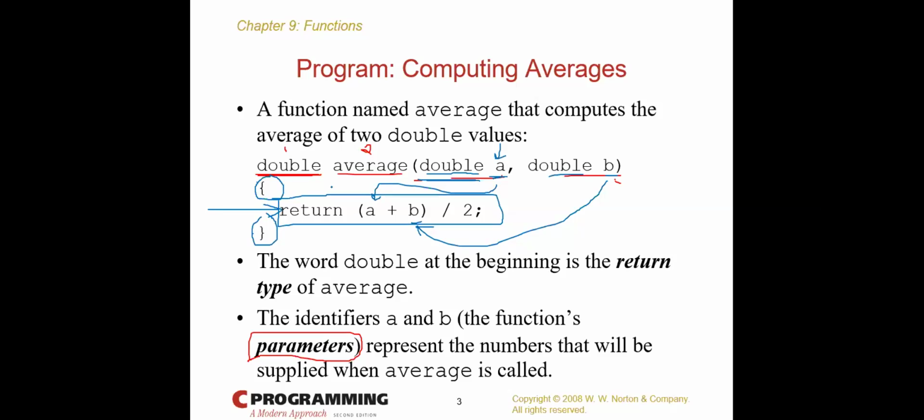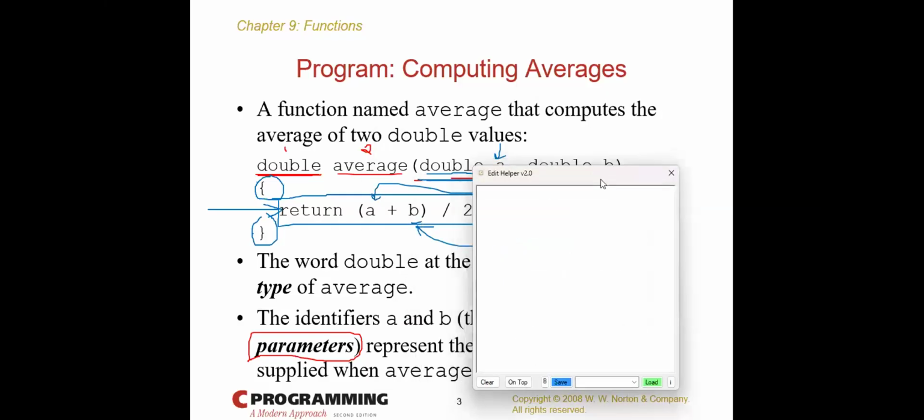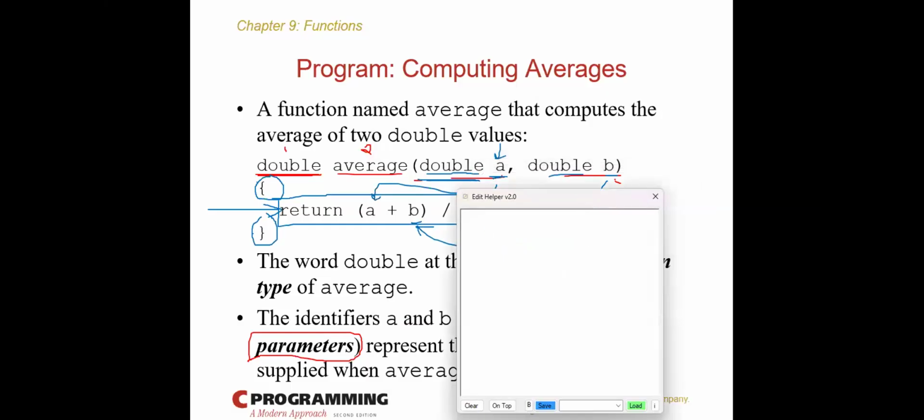On the other hand, we can expand this code to be longer than this, to be more than one line. So I can write this code as: double average(double A, double B). Okay.